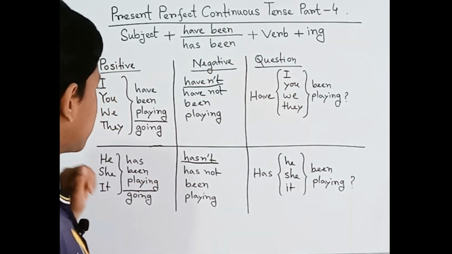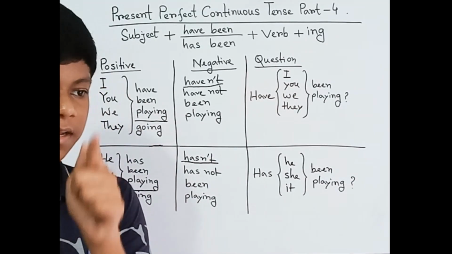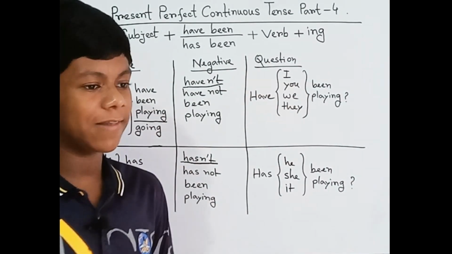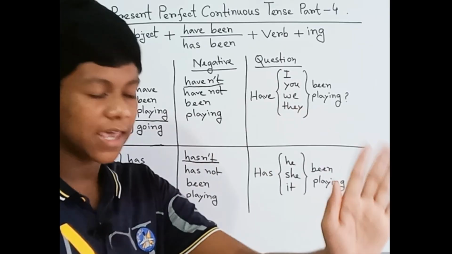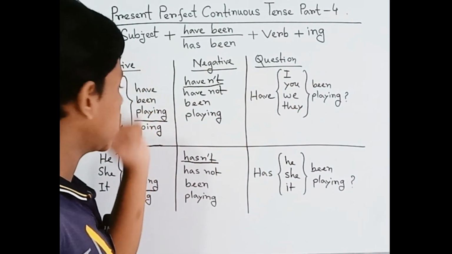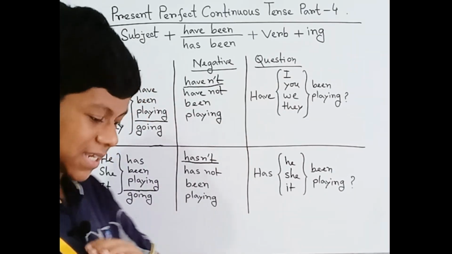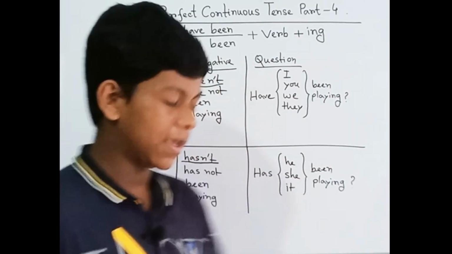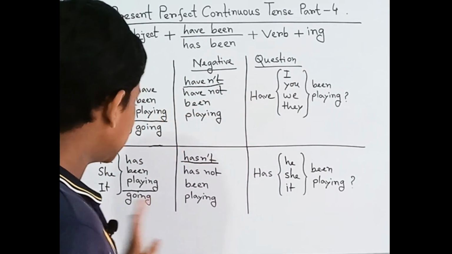So look at this. I have been playing, you have been playing, it indicates you. We have been playing, we indicates a group of us. They have been playing. On that time we can use this. But it changes a little bit, while keeping the structure the same: he has been playing, she has been playing, it has been playing.